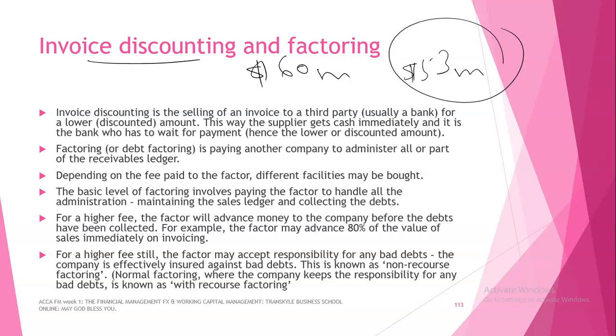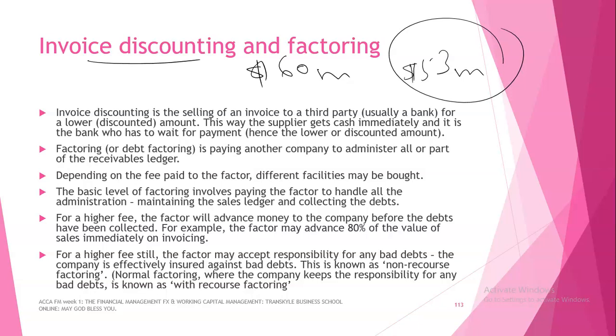Now, let's talk of factoring. Factoring or debt factoring is paying another company to administer all or part of the receivables ledger. Depending on the fee paid to the factor, different facilities may be bought.